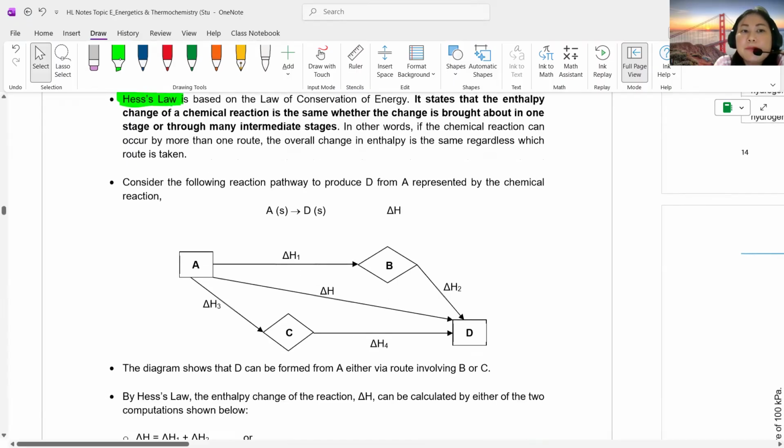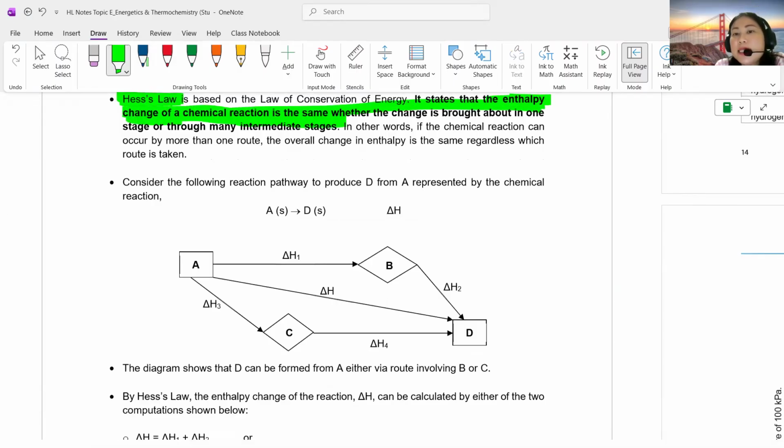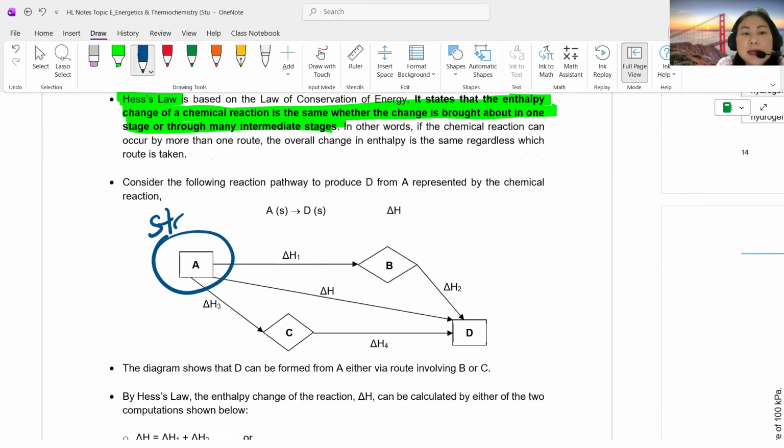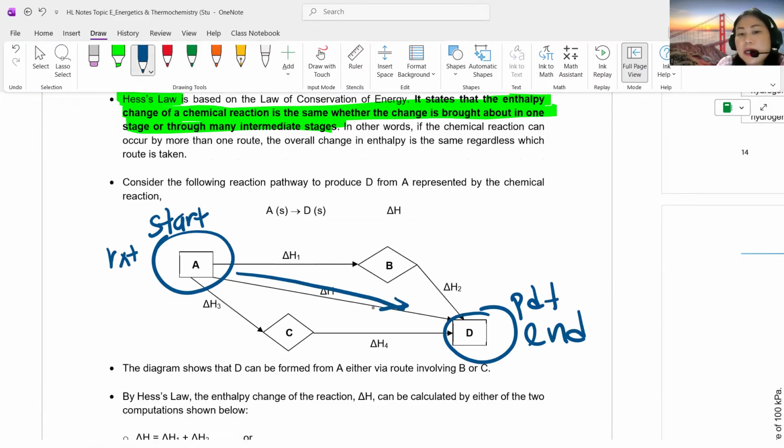So the energy change is going to be the same, whether the same reaction is carried out in one step or through many steps. So let's fix this as a starting point, and we fix this as the ending point. So this is the start, this is our reactant, and this is our product. So whether we go through a direct path like this, where the energy change is delta H1, or we go, let's call it delta H3, 2.